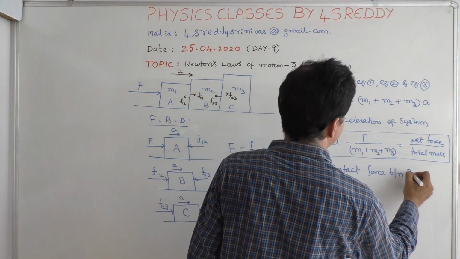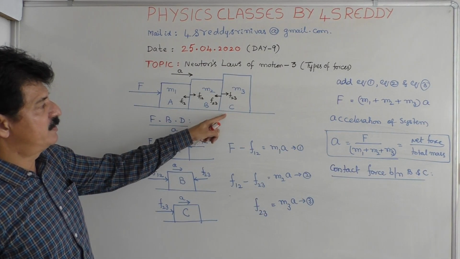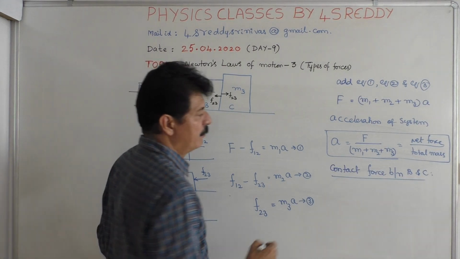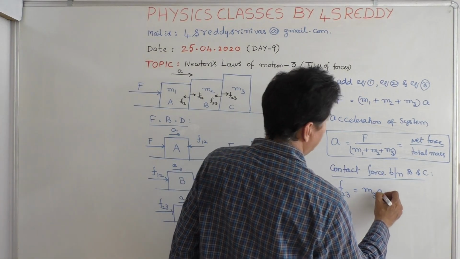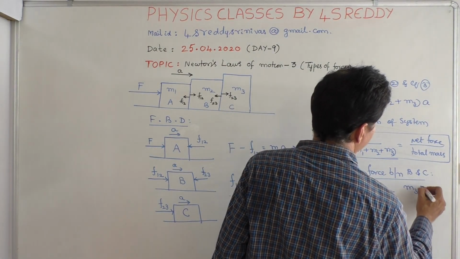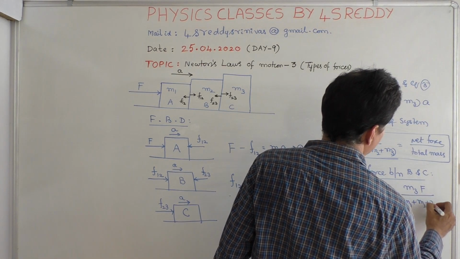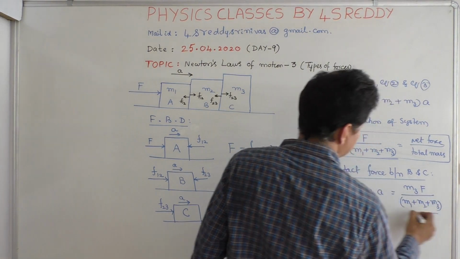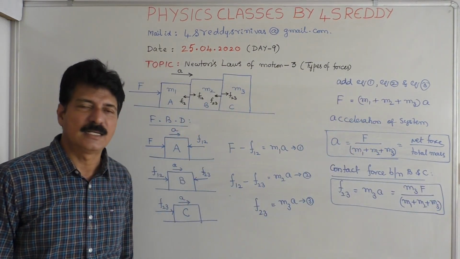Between B and C, if you take the contact force between B and C, it is F23. But from equation 2-3, it is nothing but M3A. Therefore, it can be written as M3F by M1 plus M2 plus M3. That is the contact force.